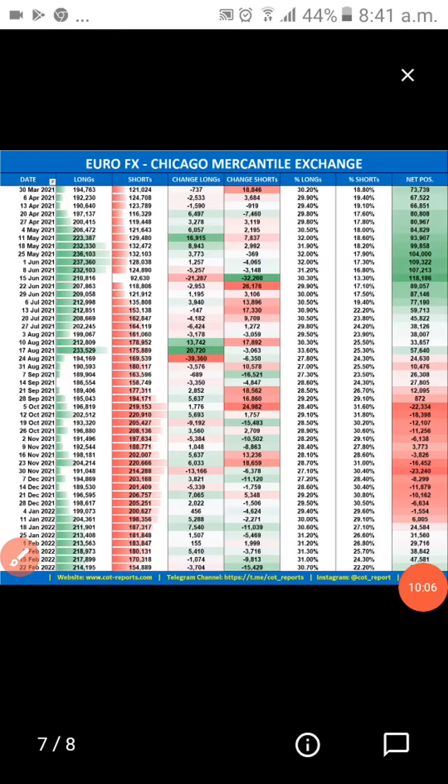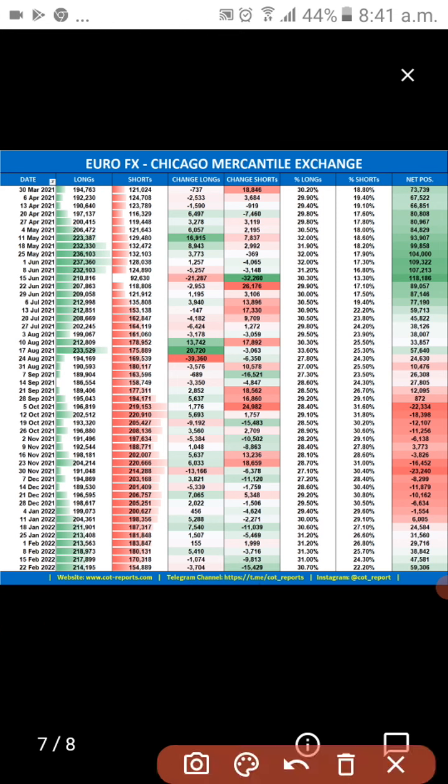Okay, it's just loading up. Okay, so now that it's open, if you look very closely, this is how it's aligned.